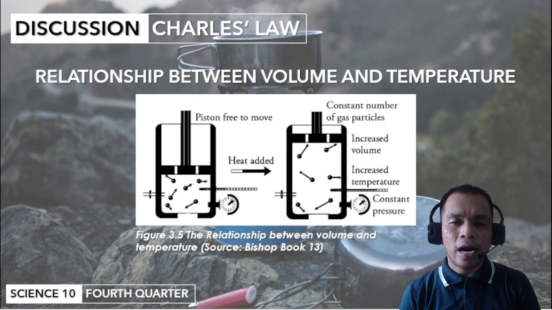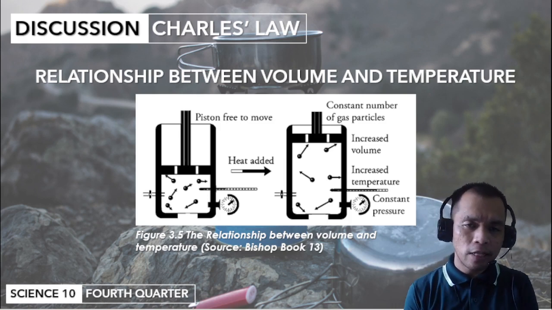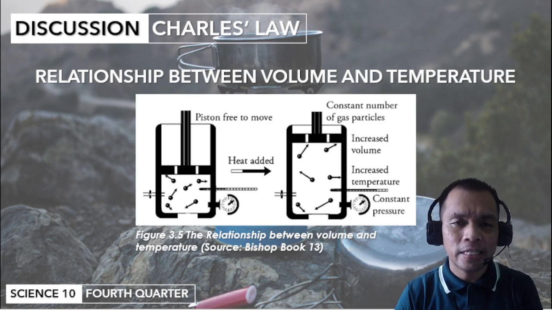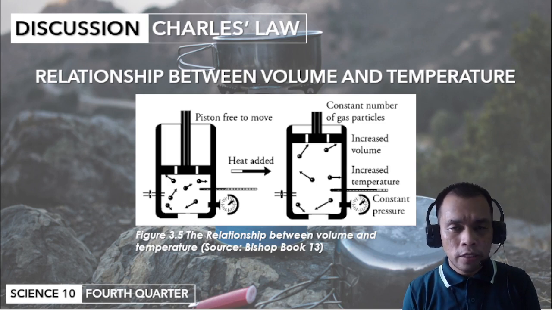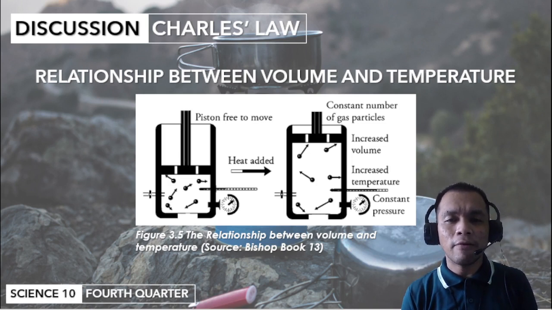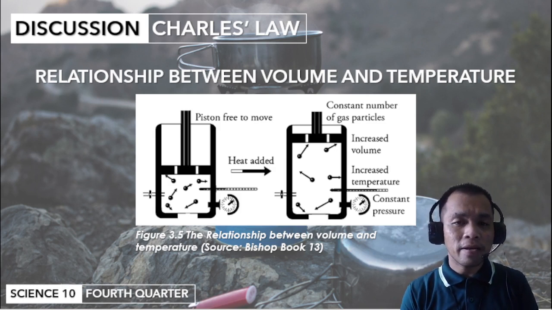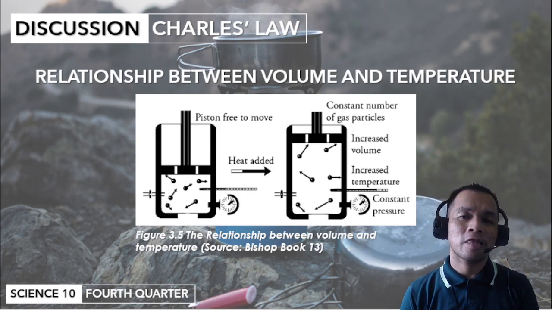When we add heat to a particular system containing gas, the temperature increases, and so does the volume. Why? It's because the gas particles will have more room to move freely, because their movement becomes more unrestricted.